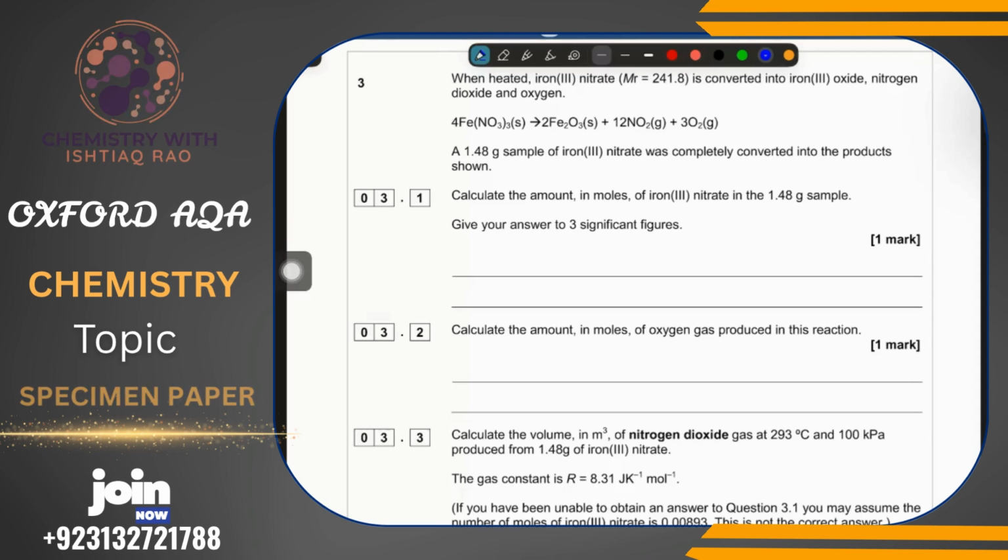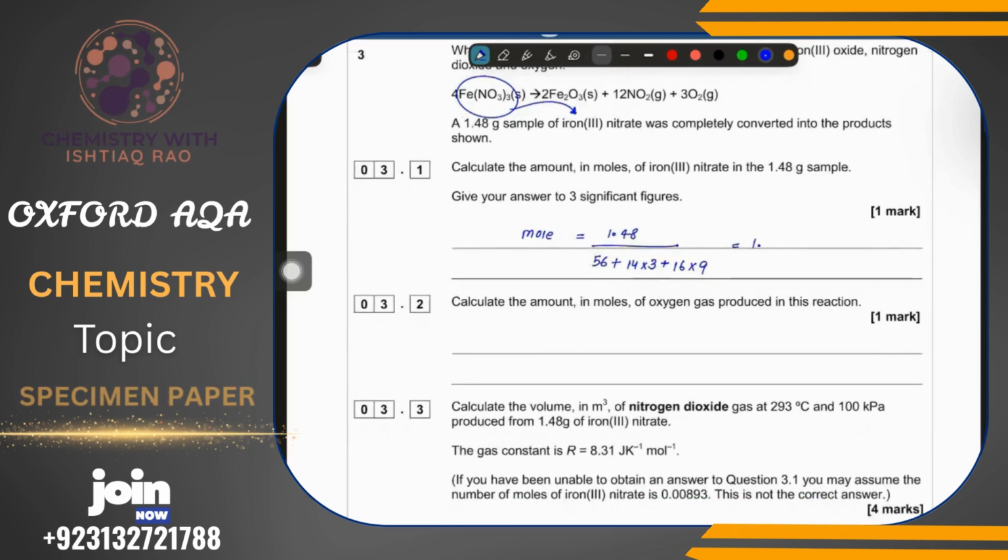So this is Fe(NO3)3. Iron is 55.8, so this is going to be 56 plus nitrogen is 14 times 3, oxygen is 16 times 9. And then you're going to divide 1.48 by that.